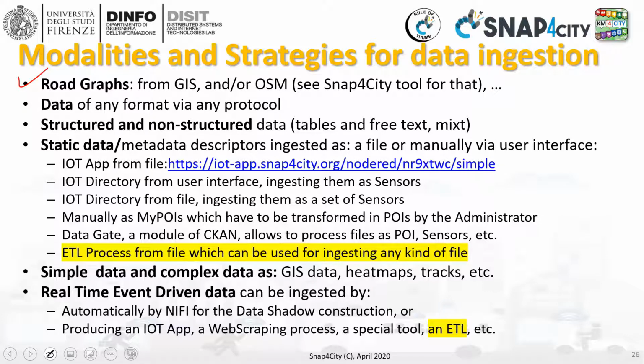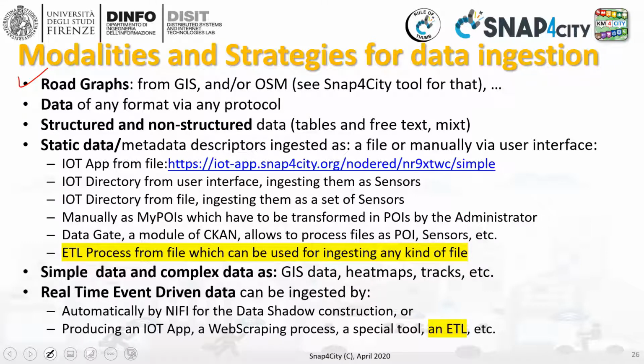Static data can be descriptors of, let's say, point of interest or a position of the sensor, or open data that you may have collected in some CKAN and so on. These are the static data.